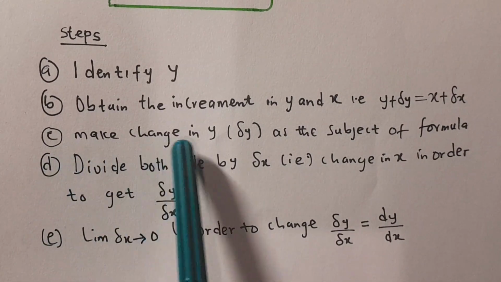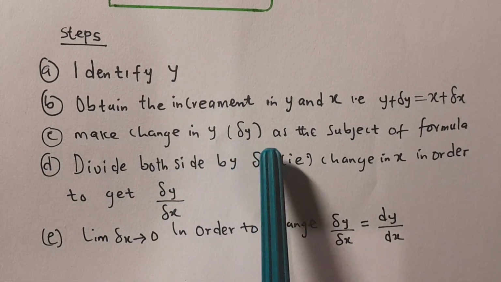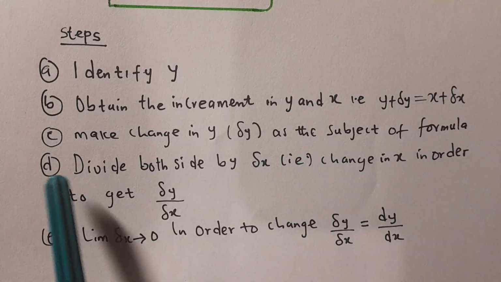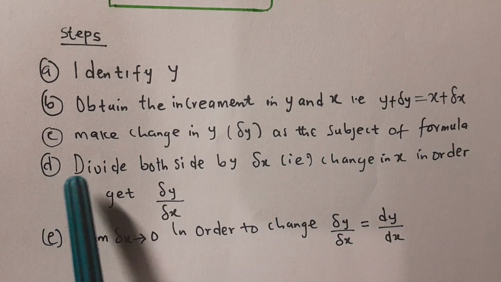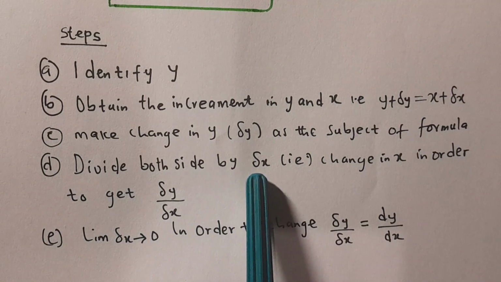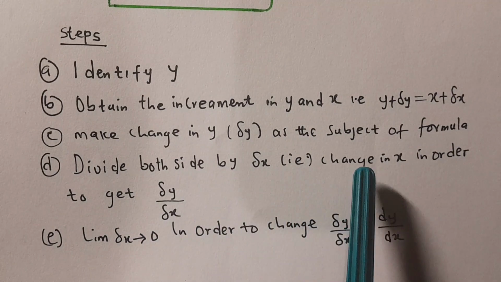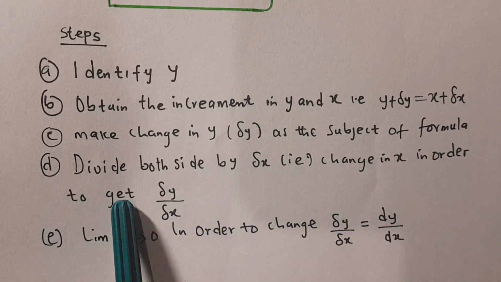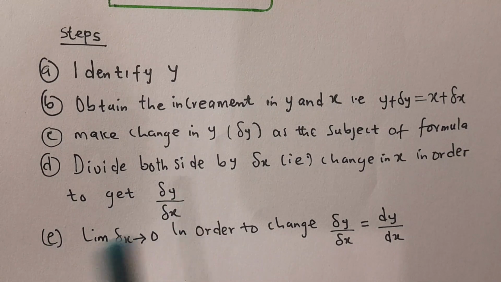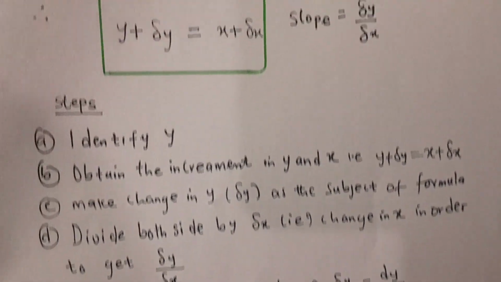Then make change in y the subject of the formula. Then divide both sides by change in x to get change in y over change in x, which is our slope.